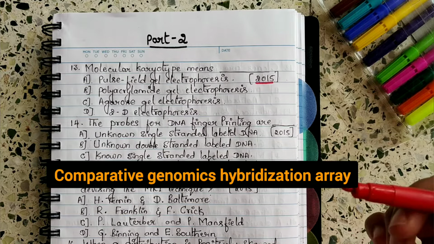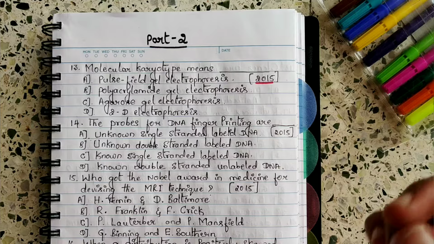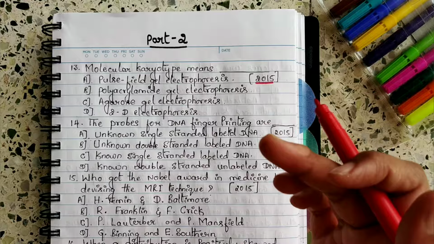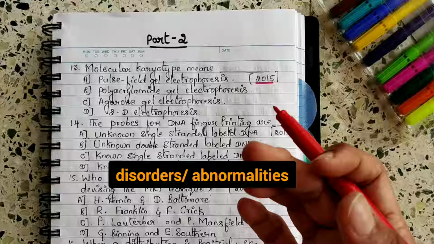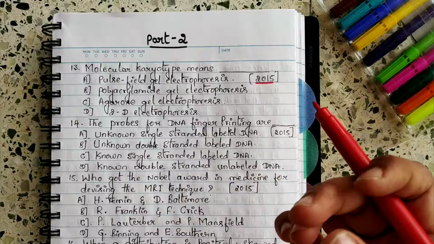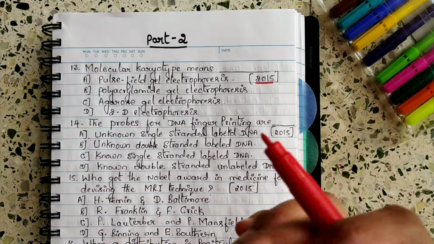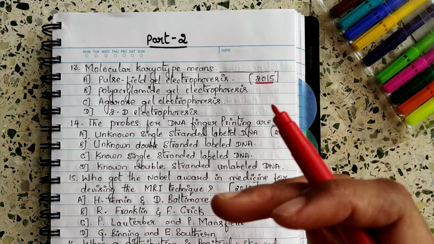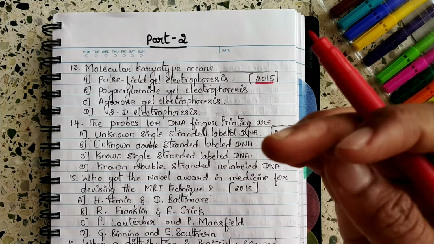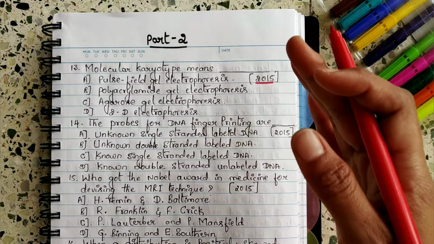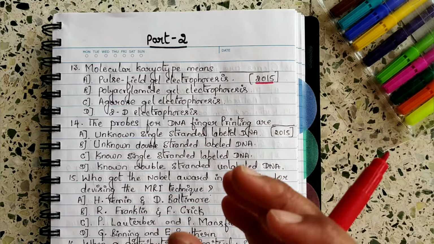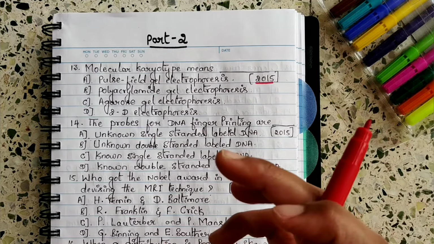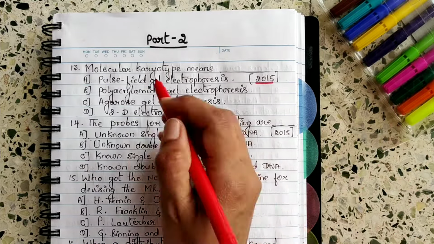It is a new method in prenatal genetic testing which can detect genetic malformation, meaning abnormalities or disorders in the fetus that wouldn't otherwise be detected before childbirth. It compares the patient's genome against a reference genome, identifies the difference between the two genomes, and hence locates the region of genomic imbalance. That's about the molecular karyotype.